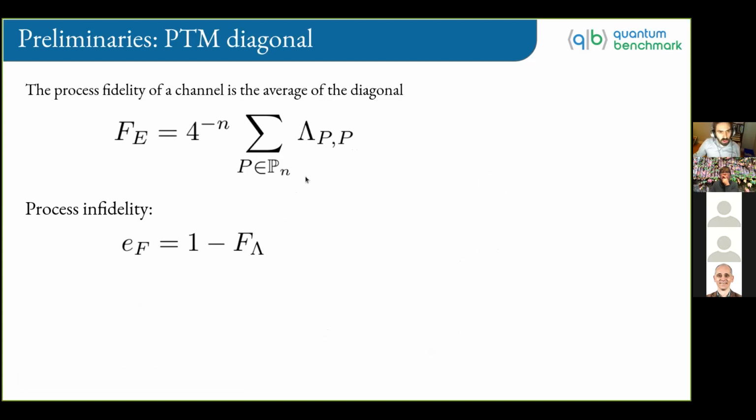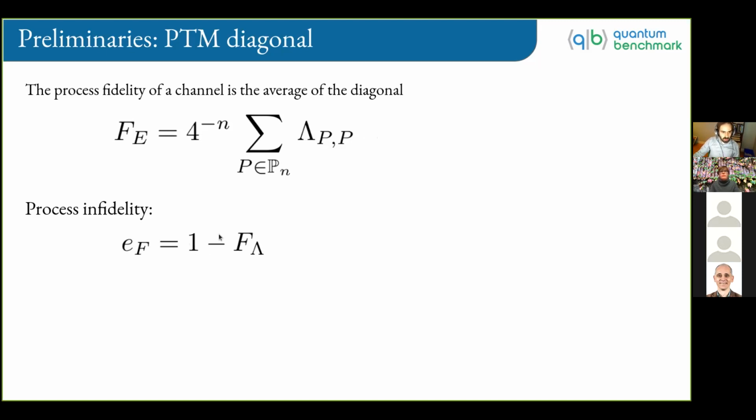And so what we can do is take this Pauli transfer matrix and take the trace of it. This is a quantity called the process fidelity. It's a measure of how far away the channel is from the identity channel, the channel that does nothing. So we take the average of the diagonal, and then we take 1 minus that. If you want your channel to be really close to identity, then you want E underscore F to be close to 0.